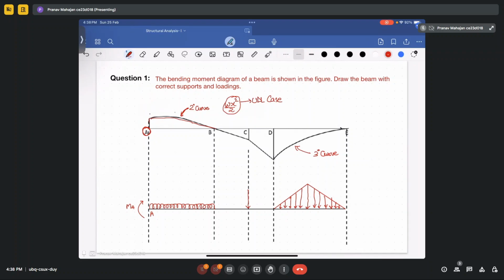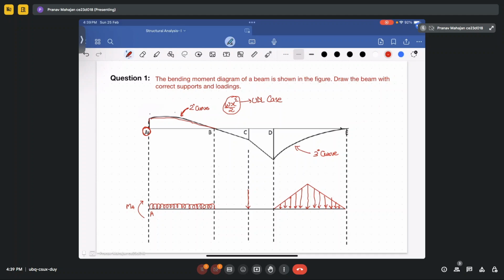So if it is a quadratic equation, it means your A to B profile corresponds to UDL. If it is a 3 degree profile, it means your profile of the loading corresponds to uniformly varying load. And if it is linear, it will correspond to concentrated load at any particular point. So this is the loading diagram corresponding to the bending moment diagram that is provided to us. So this is how you have to draw.